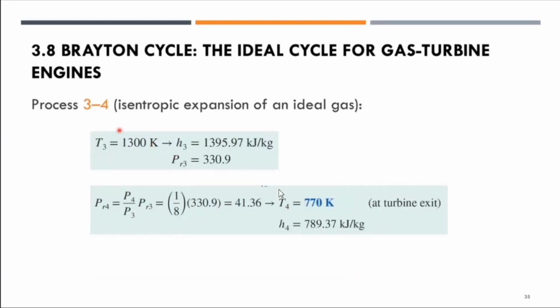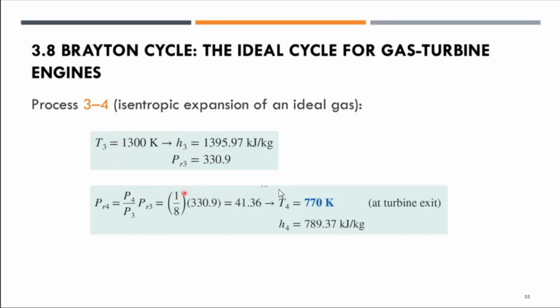For process 3-4, isentropic expansion of an ideal gas, we are given T3 of 1300 Kelvin. This is the temperature at the exit of the combustion chamber going into the turbine. Reading from the same ideal gas table, you can get h3 and Pr3 values.